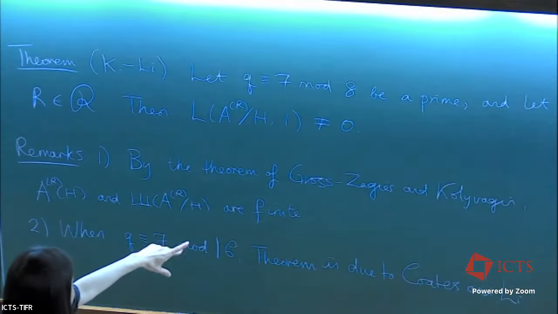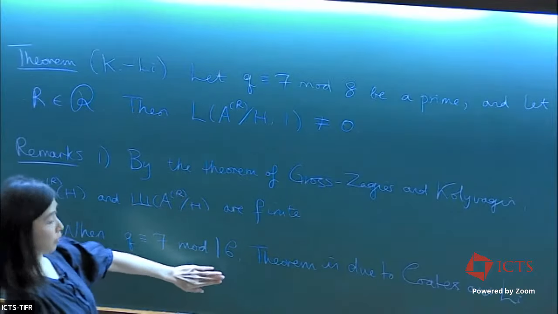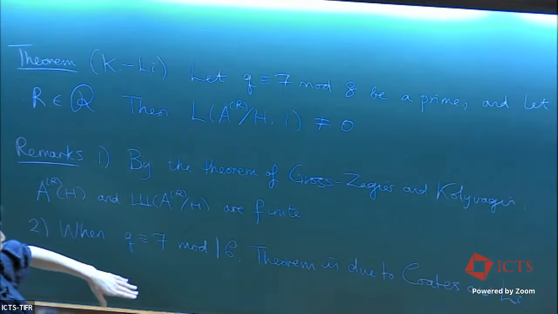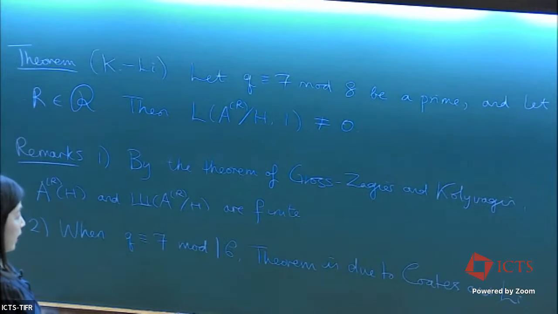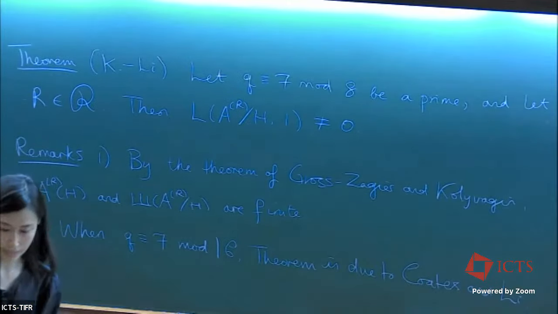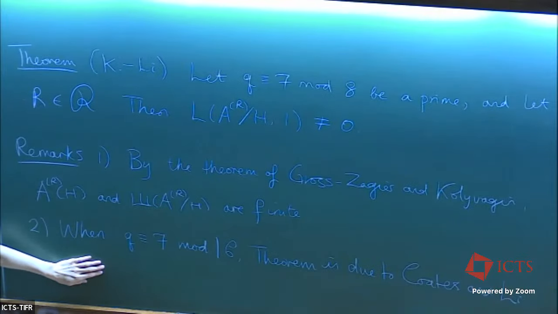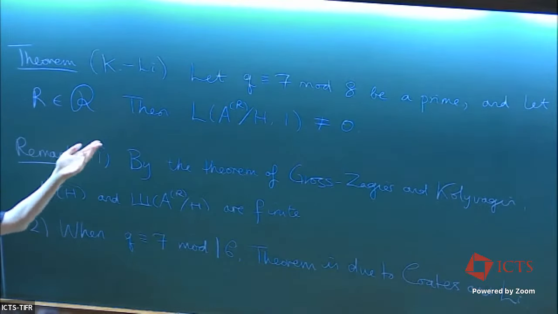So the new case we are contributing is, this is half of the primes congruent to 7 modulo 8, and we are contributing the case Q congruent to 15 or minus 1 modulo 16. And why should this case be any different? They use Iwasawa theory at the prime 2, and a small difference in congruence class modulo powers of 2 can have deep consequences.